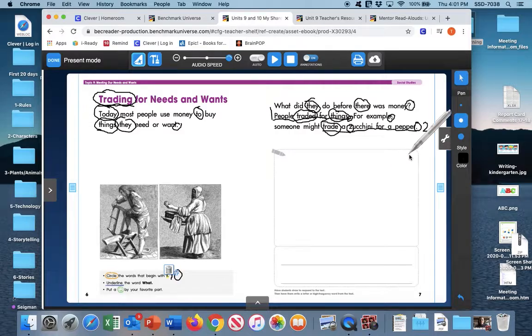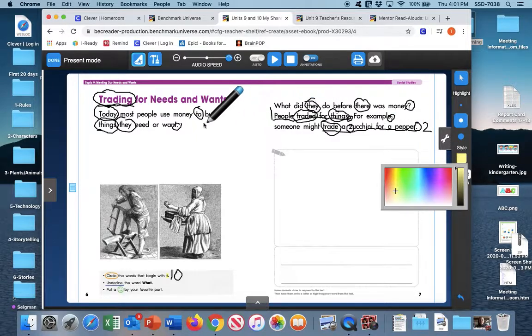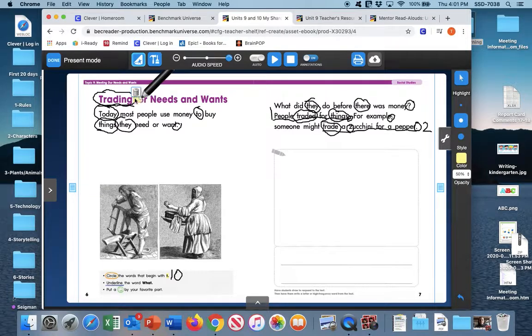So let's go ahead and we're going to switch to our yellow highlighter. And we are going to color all of our sight words. For is going to be one coming up soon, but not yet. Or do we already have for? I think we already have for as one of our sight words. Let's go ahead and highlight that then.